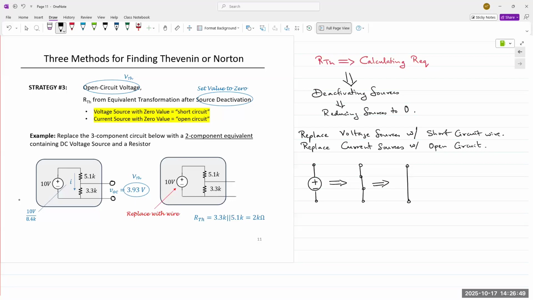Okay. So the same thing for a current source. If this is a current source, what do we do for the current source? What do we do after removing it?